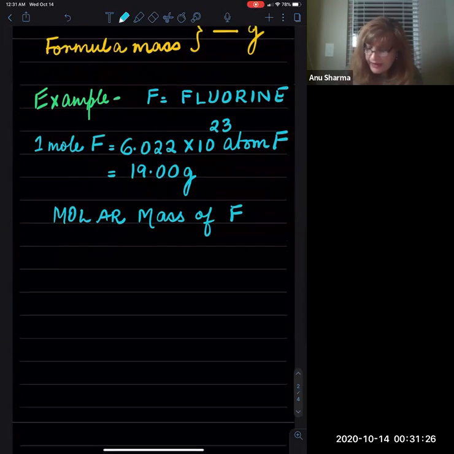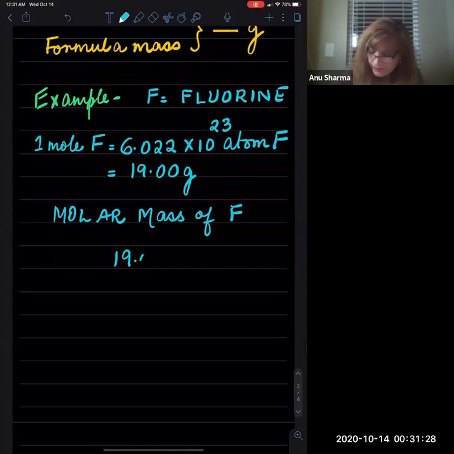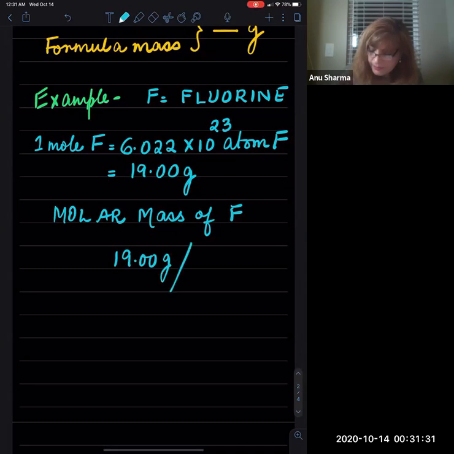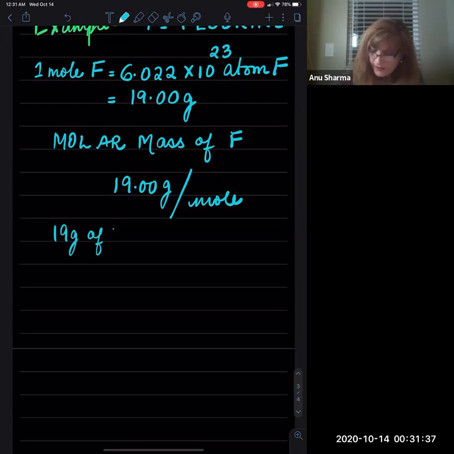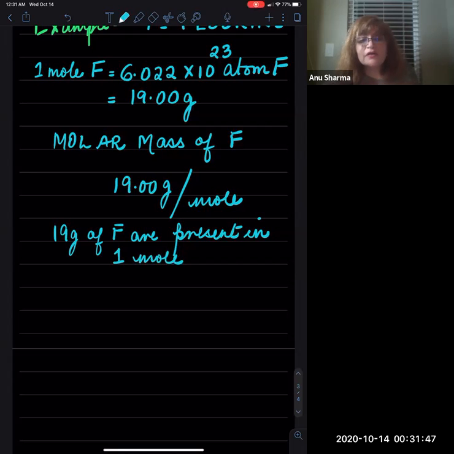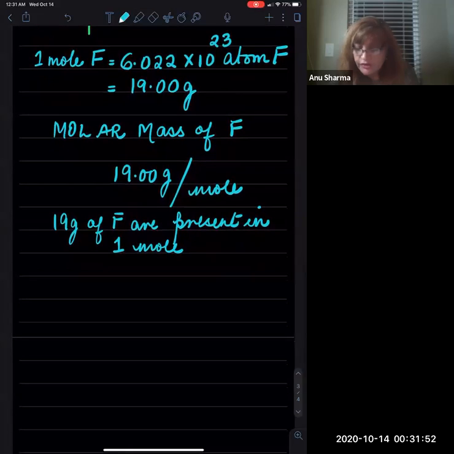That is the molar mass of fluorine. And what is that? This is 19.00 grams per mole. And this means 19 grams of fluorine are present in 1 mole. So this is the way we can understand the unit also.